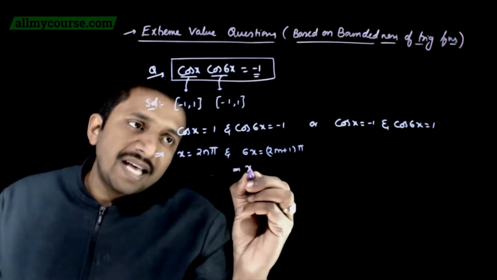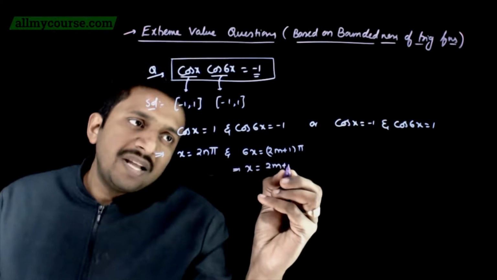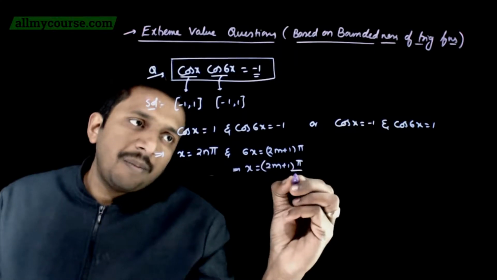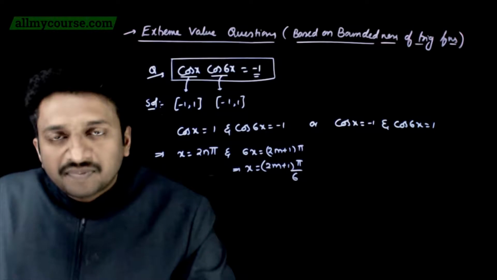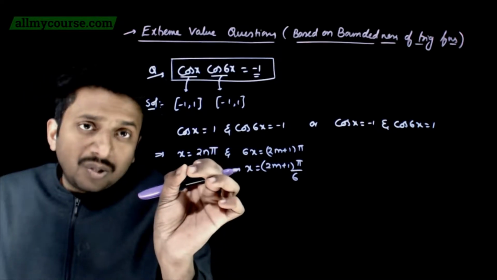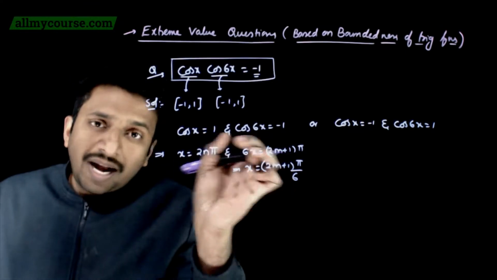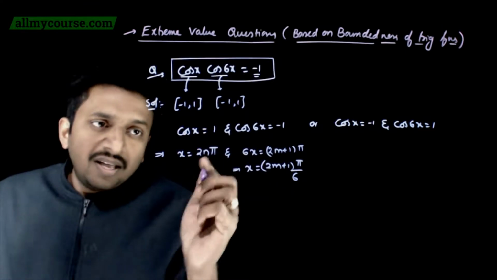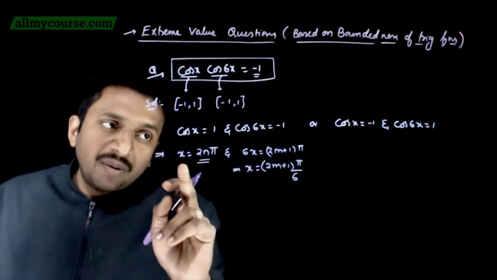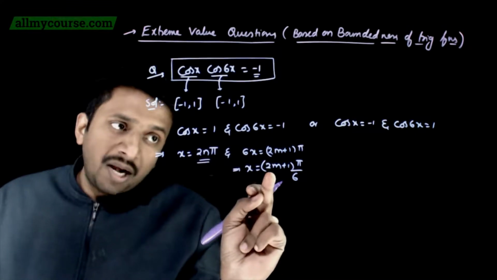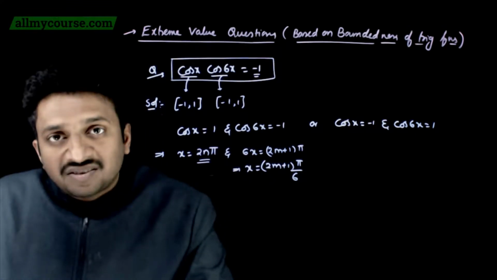This implies x has to be equal to 2m plus 1 times pi by 6. So for this condition to be valid, cos x is equal to 1 and cos 6x is equal to minus 1, x has to be an even multiple of pi and also an odd multiple of pi by 6.